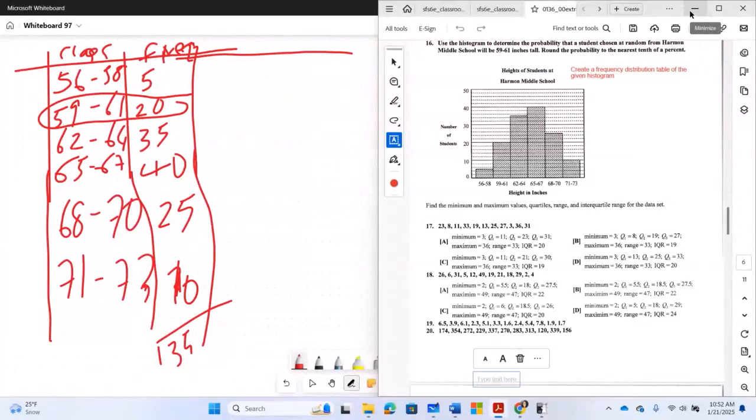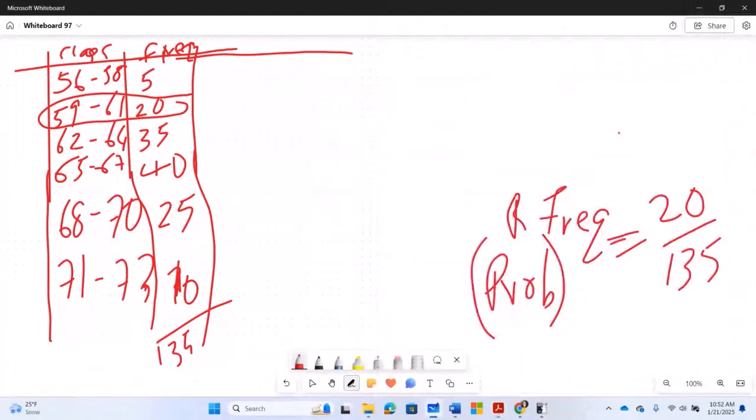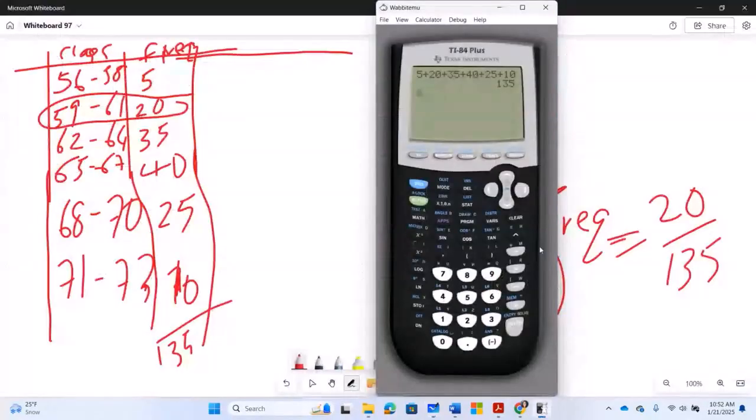Okay, so all I have to do is put that in my calculator: 20 divided by 135, and my answer is that.